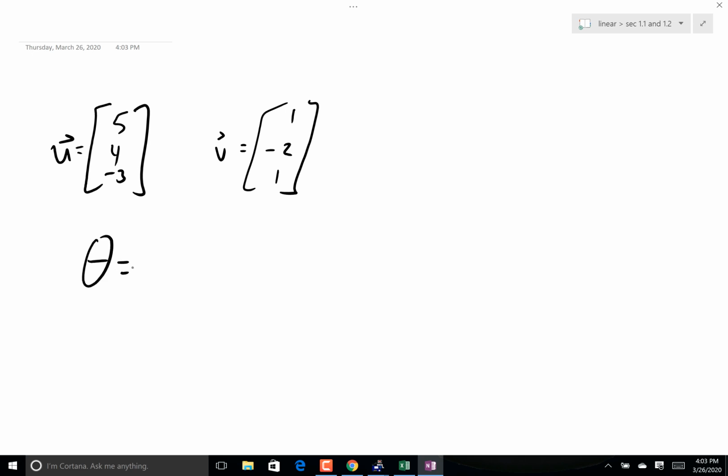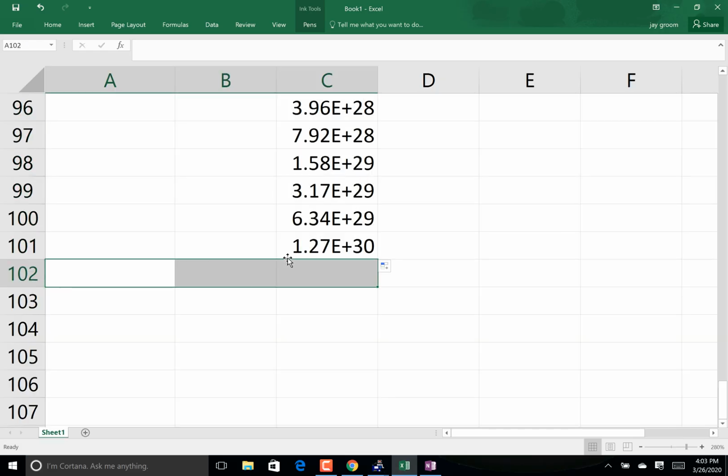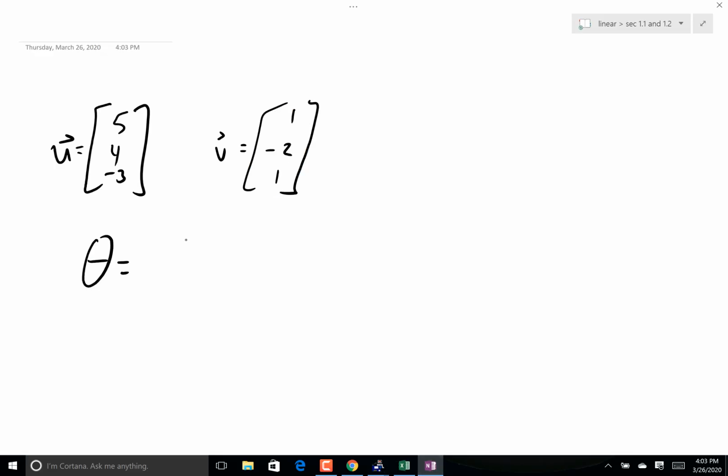Let's do it. So the dot product is 5 plus -8 plus -3 over 25 and 16 is 41. That's 50. 1 plus 1 is 2 plus 4 is 6.